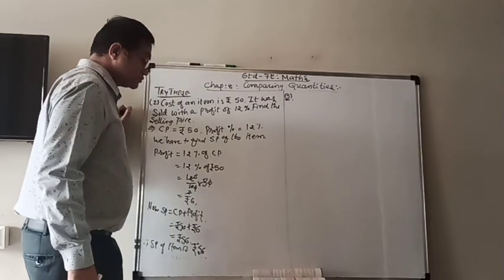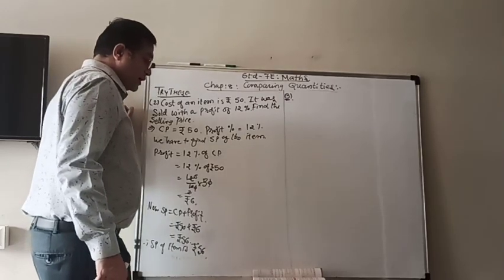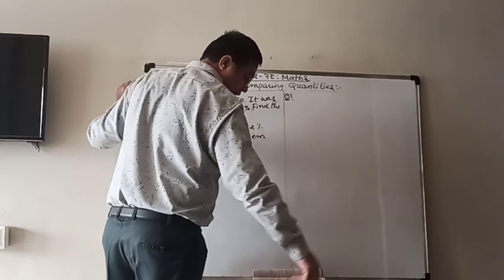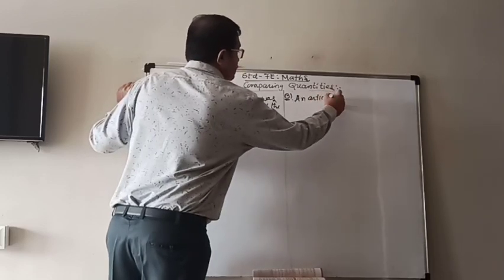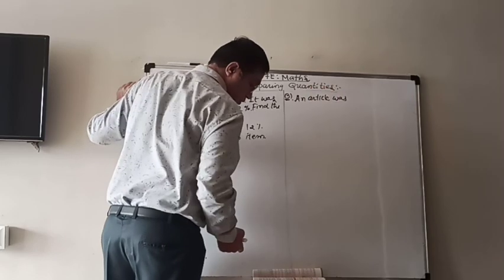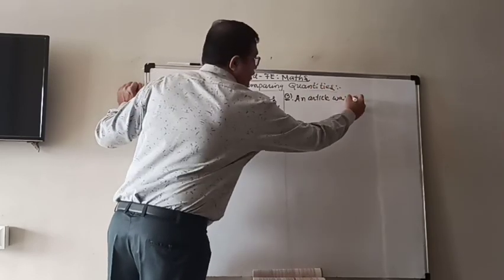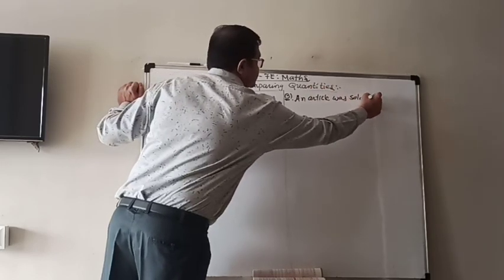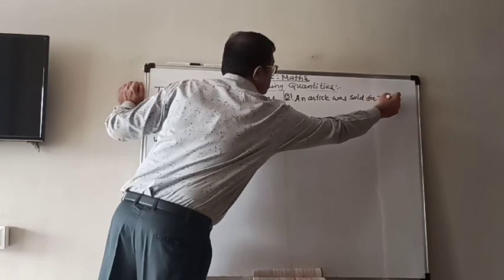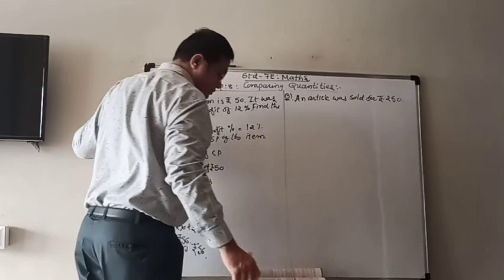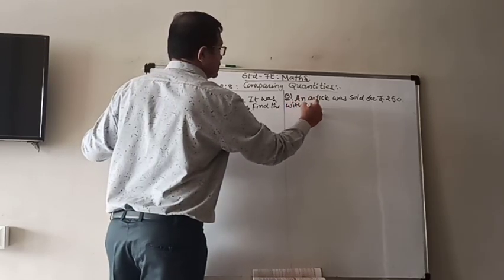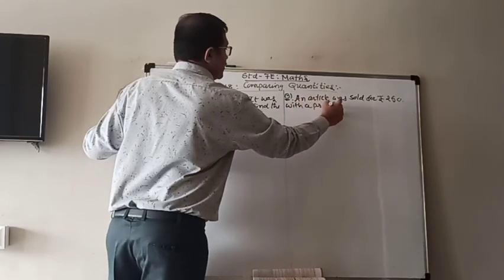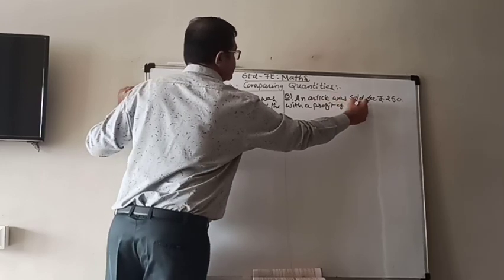Third one. An article was sold for rupees 250 with a profit of 5%.